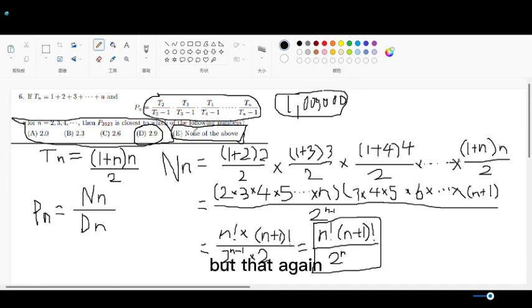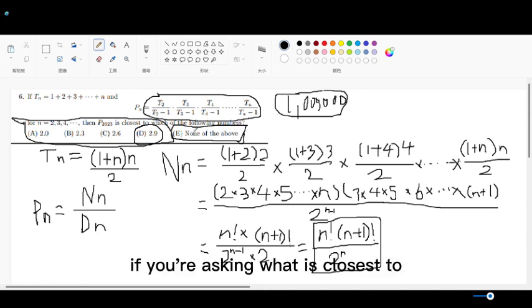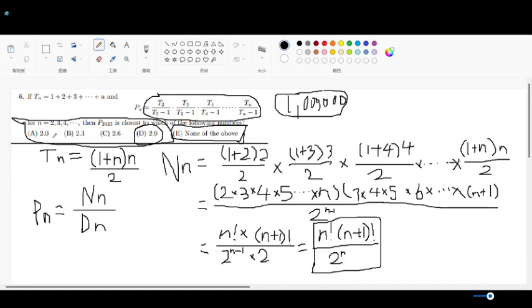But that again defeats the purpose of this question. It makes this question invalid because it's asking what P of 2023 is closest to. If you're asking what it's closest to, that means it does not reach any of these values. It means P of 2023 is neither of these values. So either way, this question is invalid.